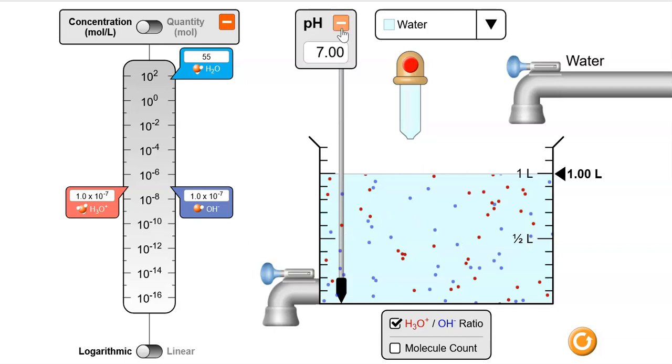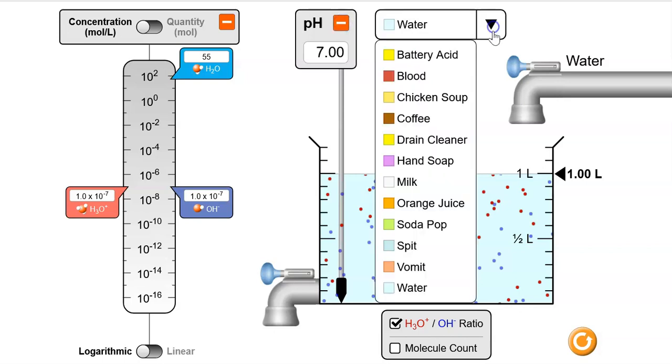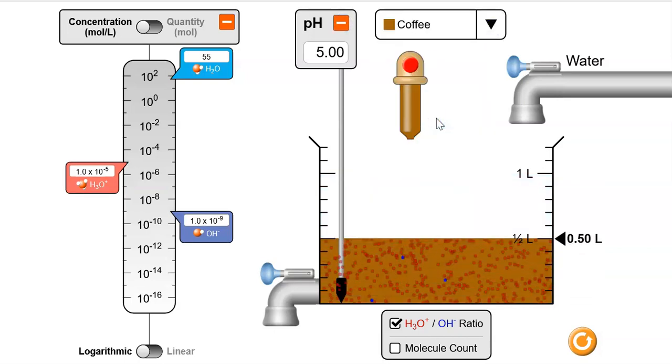So now what happens if we make this more acidic? Well, let's look at coffee. Coffee, with its pH of 5, now we see that our hydronium, or our acid, is more concentrated, and our hydroxide, or base, is much less concentrated.